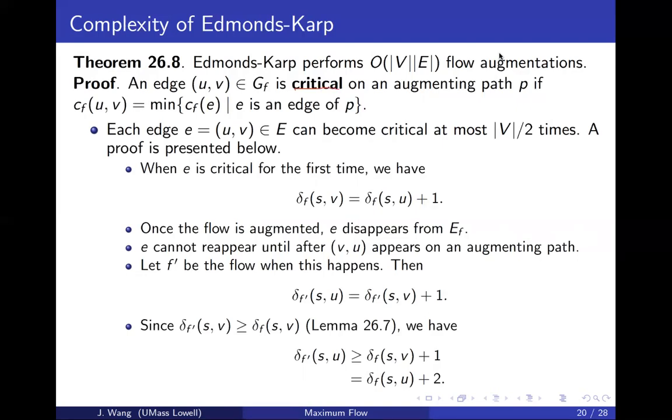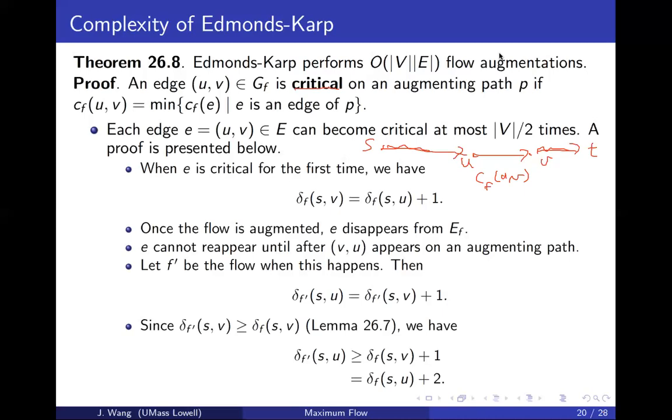A critical edge is an edge, let's say this is U, this is V, and this is on the path. It is critical when the residual capacity of this edge is the smallest of the residual capacities of all the other edges on the path.